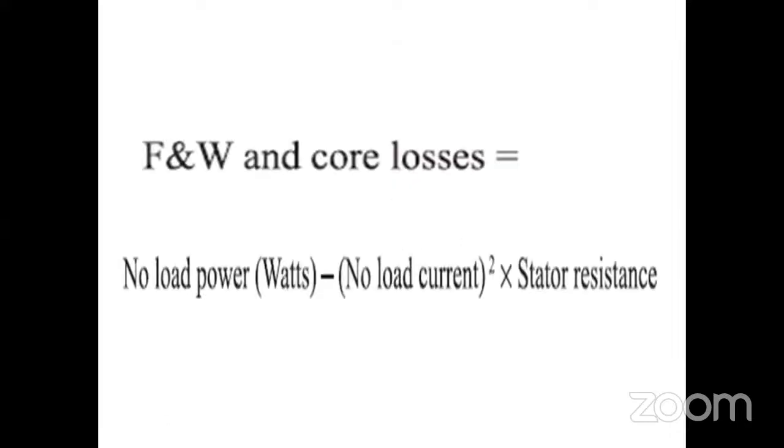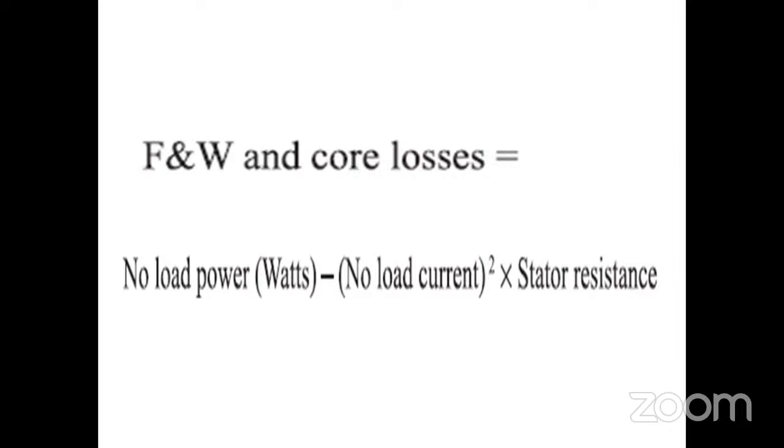F and W and core losses are friction and windage losses and core losses. Sir, see, no load power. What is that no load power? The motor is run without any coupling. The rotor will be rotating, but the rotor will not have any mechanical coupling. So it is running on no load.